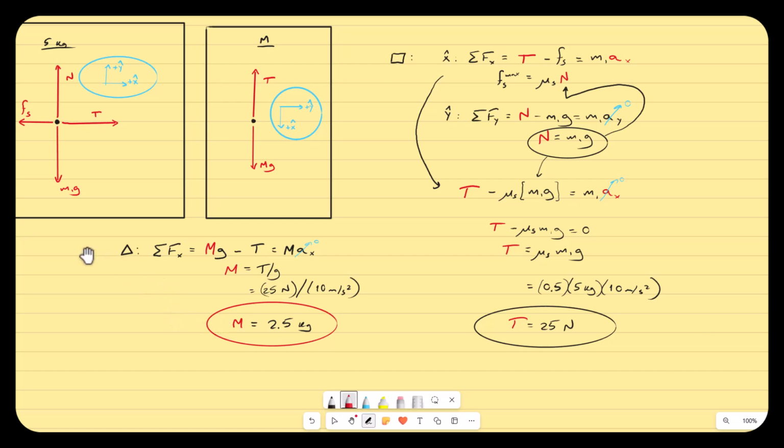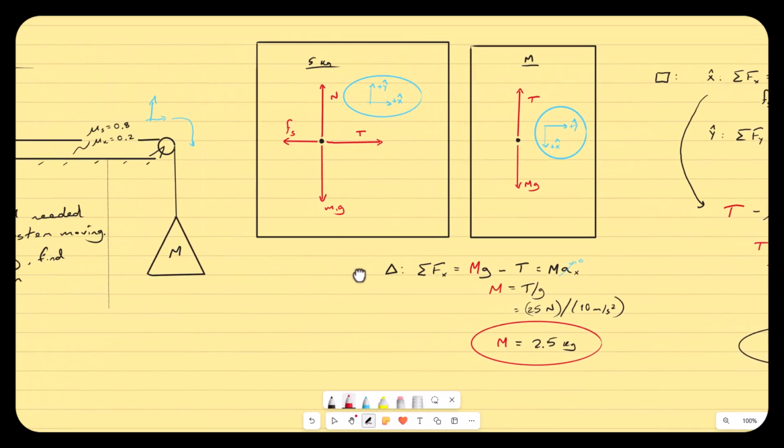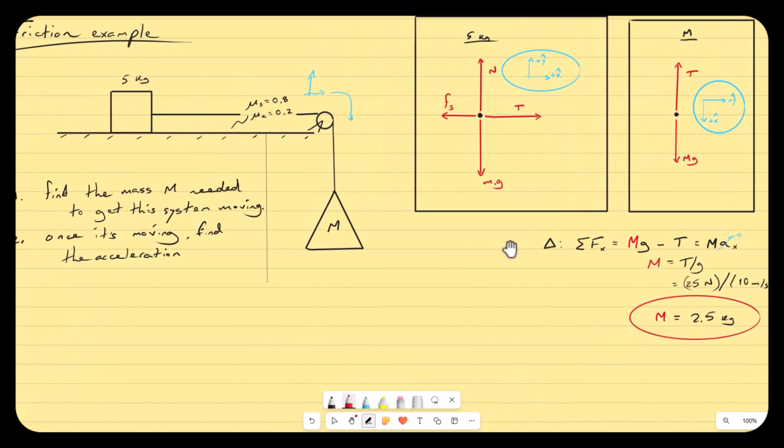Before, when I didn't have friction, any amount of mass would have gotten the acceleration. Now I need to overcome friction, so I have to give this enough. And the second part of this question says, once it's moving, find the acceleration. So now what I want is to say, I have this system that's just barely hanging on, right? My static friction is just barely enough to hold this together if I put 2.5 kilograms on that triangle.